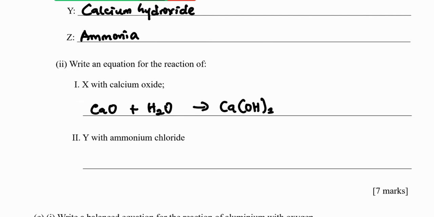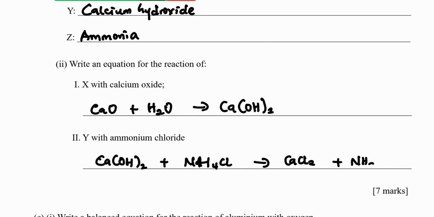Now the next one is calcium hydroxide plus ammonium chloride to give us calcium chloride plus ammonia plus H2O. Now, this is not a balanced equation.